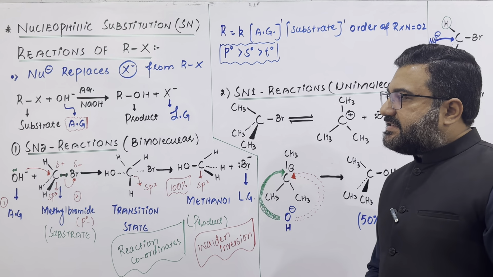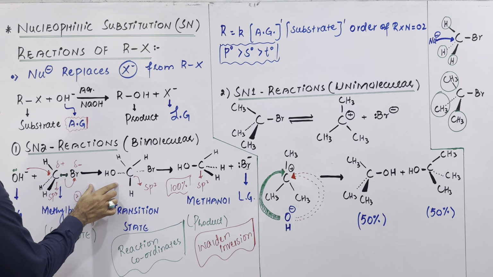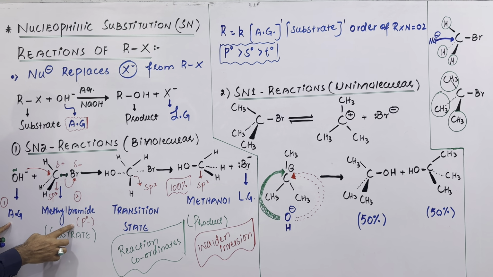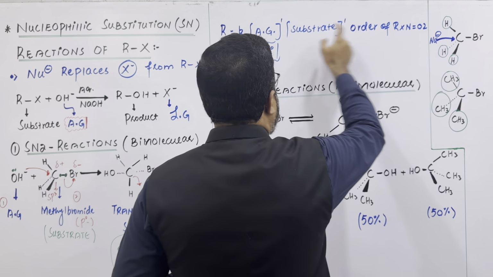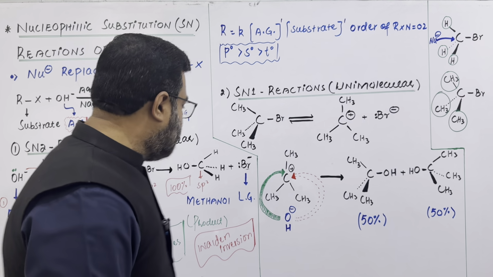Now let us revise SN2 reactions in 1 minute. These are the reactions which are single step reactions. These are the bimolecular reactions in which two molecules take part in the rate determining step. These are the second order reactions because the rate of reaction depends on the concentration of both the attacking group and the substrate.